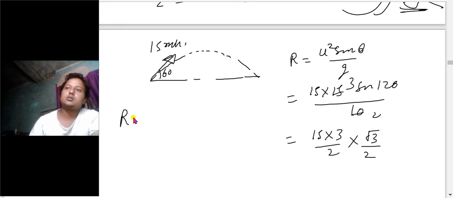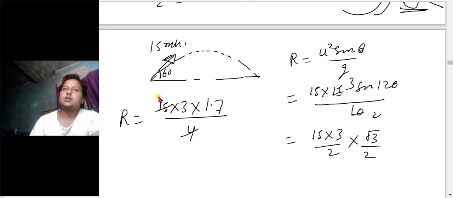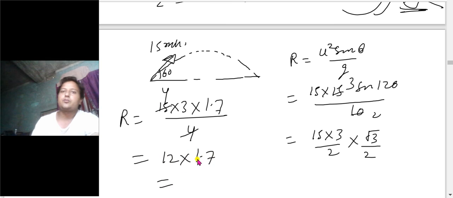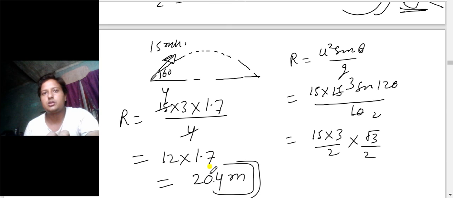So range is 15 multiply 3 multiply 1.7 over 4. That is 12 multiply 1.7, that equals 20.4 meter. Range is approximately 20.4 meter.